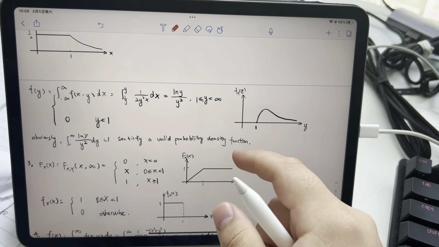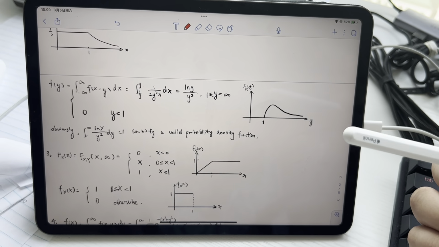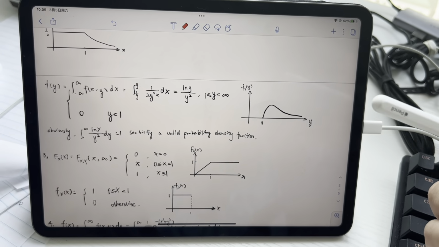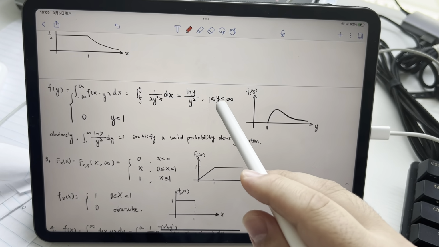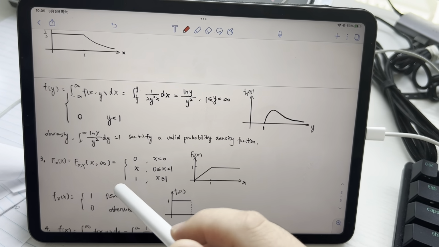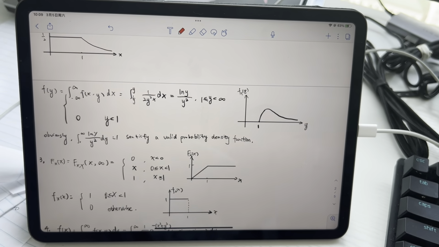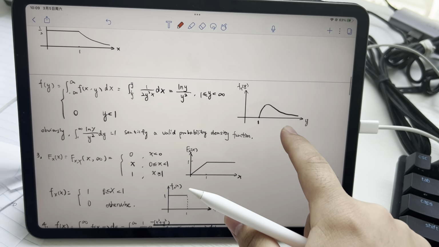And we don't ignore the definition region of y. It told us in the question that y is larger than 1, so we write it down. And when y is less than 1, there is no joint region of x and y. So fy equals 0, and the picture is like this.